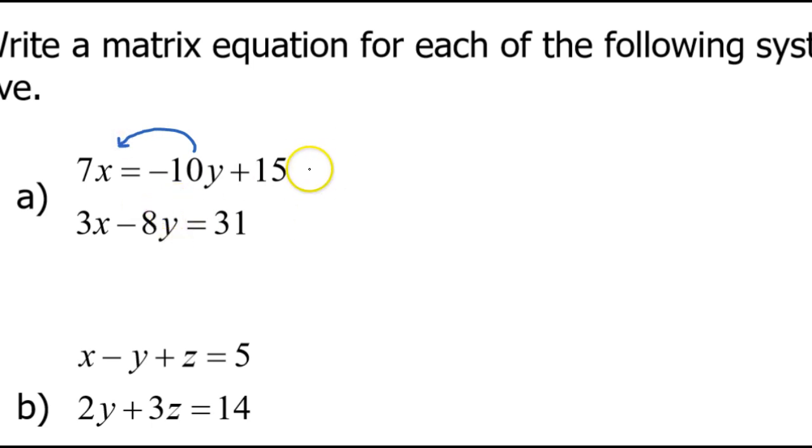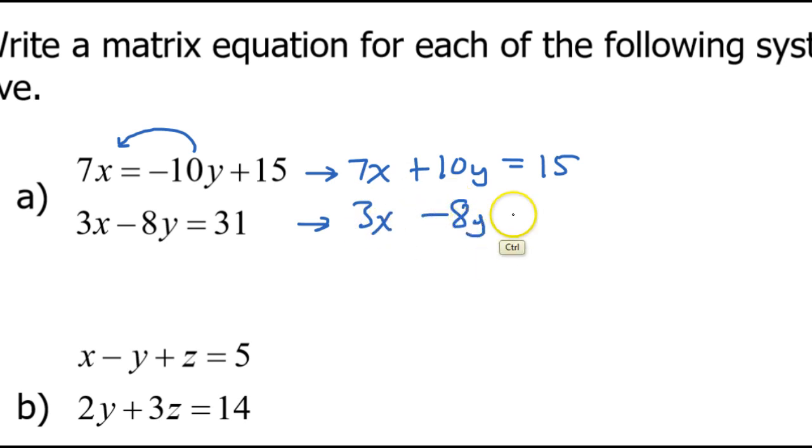So that's going to give me 7x plus 10y is equal to 15. The bottom equation is already in standard form. I'm just going to recopy it. 3x minus 8y is equal to 31.